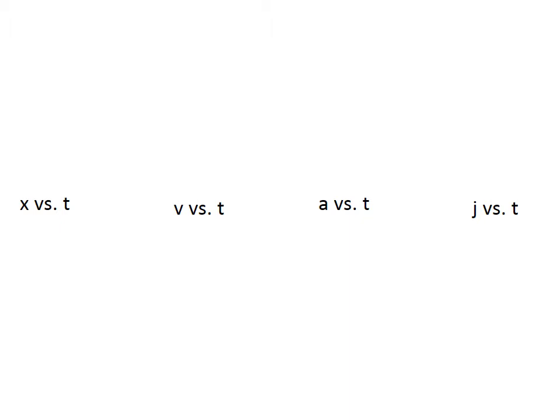And as we've talked about already, velocity on a position time graph is really just the slope of a line segment, or the slope of a tangent line when you have a curved line segment. That is also true for acceleration on a velocity time graph and jerk on an acceleration time graph.